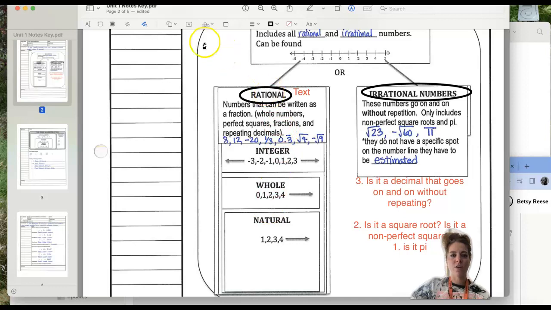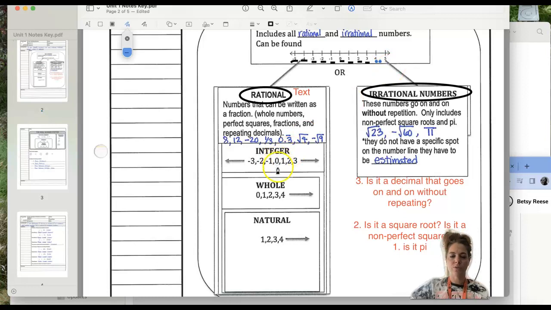So after I know that a number is rational, now I'm going to look if it is an integer. Integers are numbers right up here on our number line. All of these numbers are integers. If we continued this number line in either direction, it would be an integer.